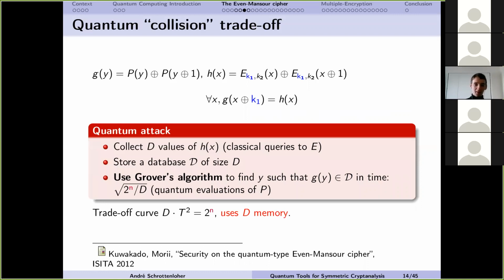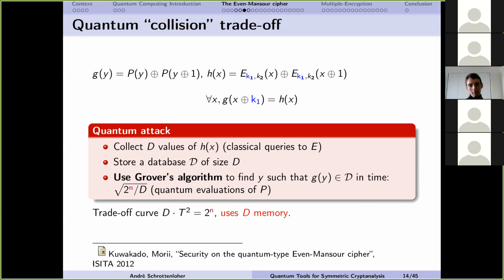So basically, we can take out this search step and replace it by Grover's algorithm. And instead of having to repeat this search, we have a square root of that quantum search iterate, which contains quantum evaluations of P, but well, quantum evaluations of P means it's fine because P has a public description.